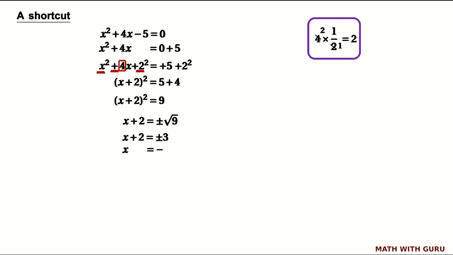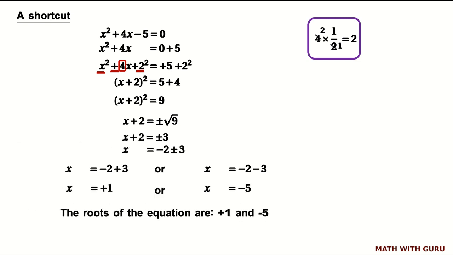X equals minus 2 plus or minus 3. Let us write down both the values. X equals minus 2 plus 3 or x equals minus 2 minus 3. X equals plus 1 or x equals minus 5. The roots are plus 1 and minus 5.